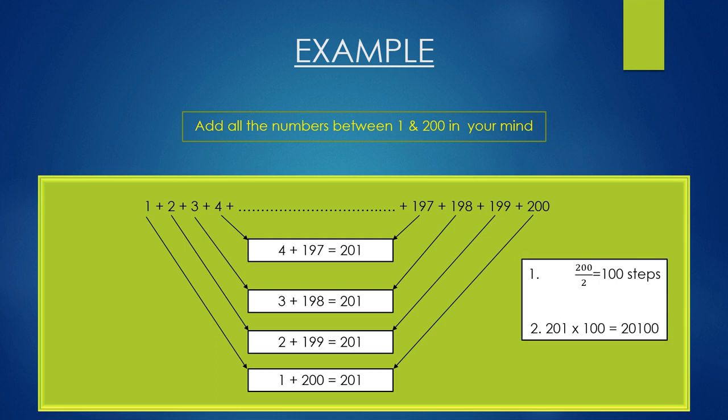The total numbers that we need to add are 200. From 1 to 200 there are a total of 200 numbers. So if we divide them by 2, we'll have 100 steps. And each step is giving us an answer of 201. So we'll multiply 201 with the number of steps, that is 100, which gives us the result, that is 20100. It's as simple as that.